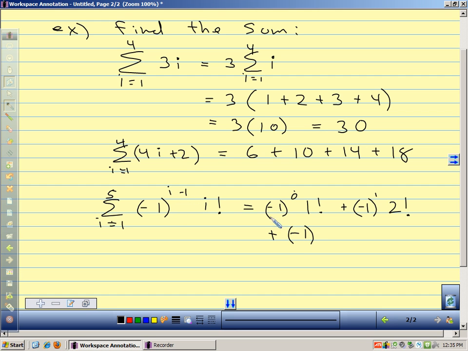If i equals 3, 3 minus 1 is 2, times 3 factorial, plus negative 1 to the 3 times 4 factorial. And finally, we're summing from i equals 1 to 5, plus negative 1 to the 4th times 5 factorial.